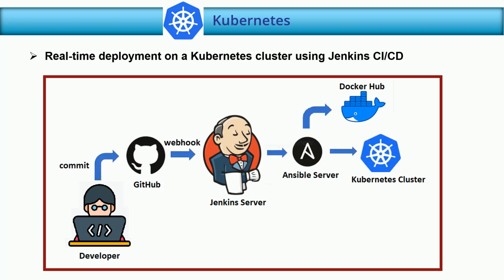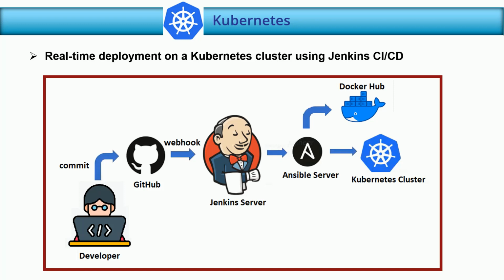Your developer or your ops team has created the Ansible playbook file. So that file is currently present on the Jenkins server. So you need to send that file to the Ansible server. So everything we are going to perform from the Jenkins server using the pipeline.